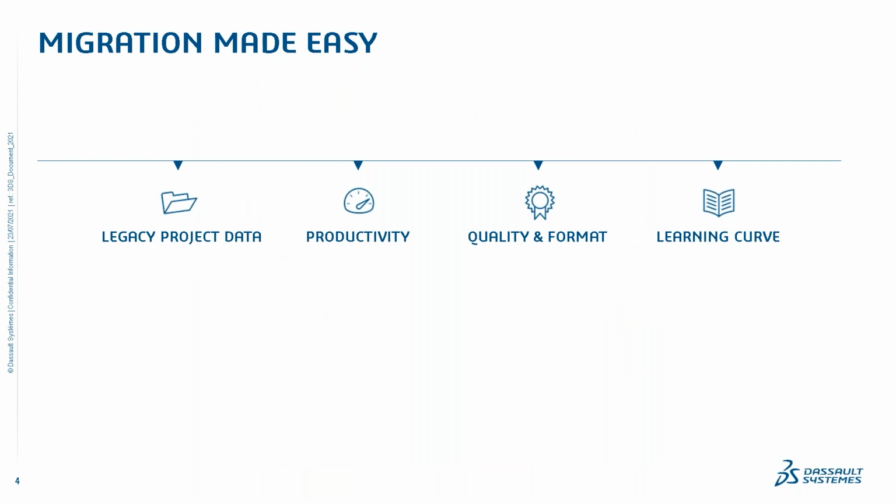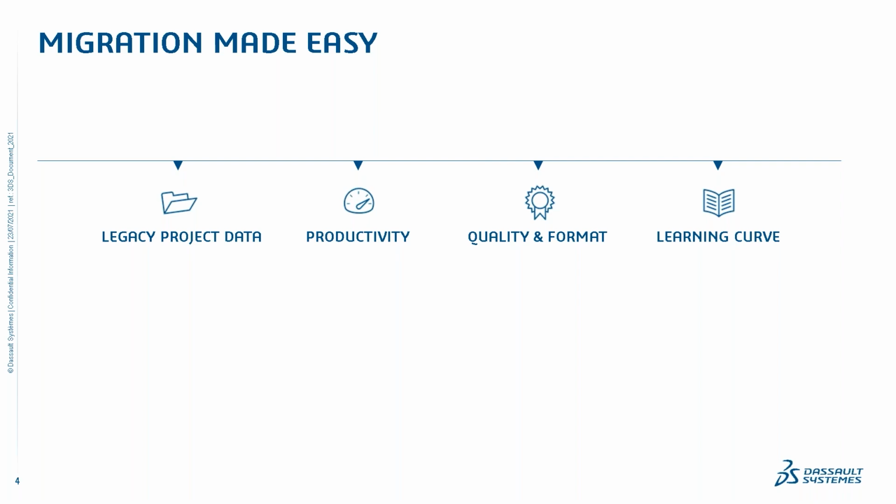So with that, my topic today is migration made easy. SOLIDWORKS Electrical, as you are probably aware, is an intelligent CAD tool specifically designed to help you create schematics and layouts, your mechanical routing, all efficiently, fully connected and associative.